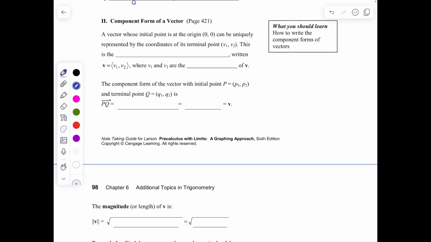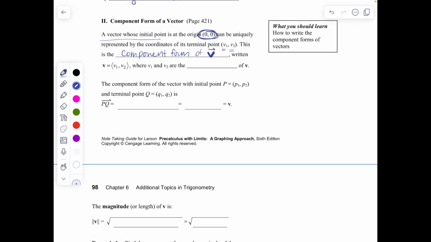So let's talk about what the component form of a vector is. A vector whose initial point is at the origin 0, 0, otherwise known as standard position, can be uniquely represented by the coordinates of its terminal point, whatever its x value is and its y value is. This is called the component form of vector V. When we handwrite vector V, we use the letter V with the vector notation on top.